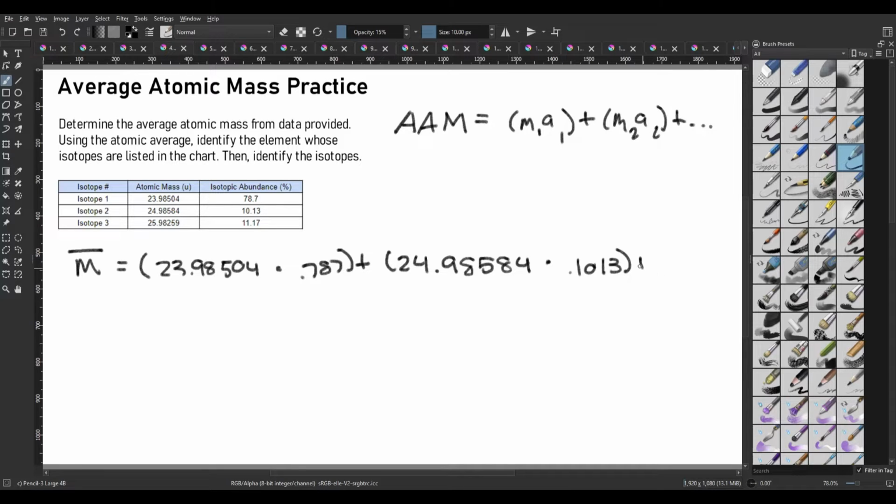And then the last term here is just going to be 25.98259 multiplied by 0.1117.